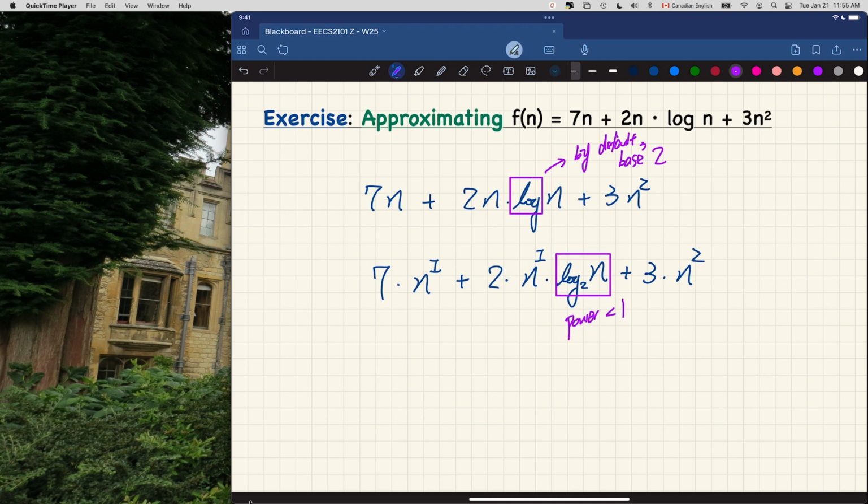What do I really mean by that? It means that, mathematically speaking, as n gets bigger and bigger, this function is going to grow more slowly than the linear function over here. That's what it means. But I'm going to draw you a diagram. Okay, let's put it aside. So if you have, let's say here.